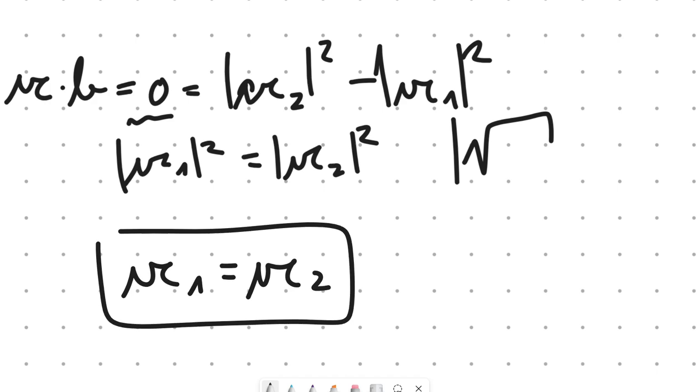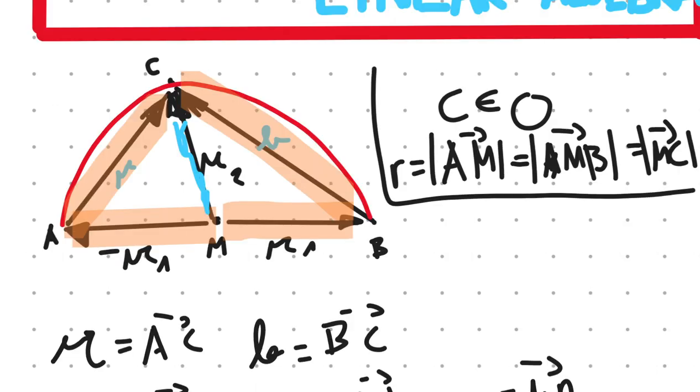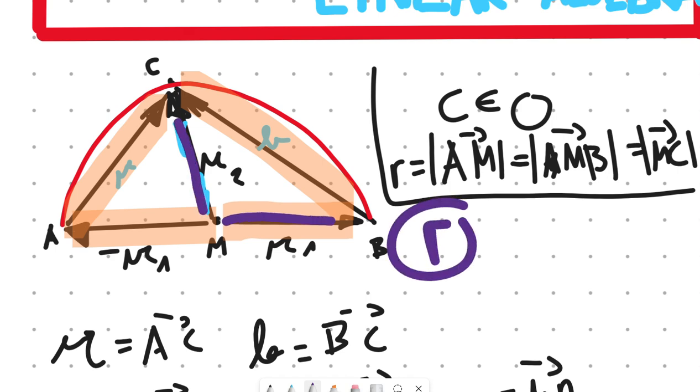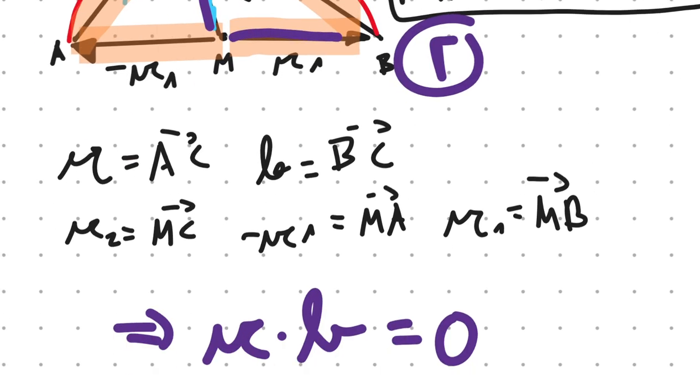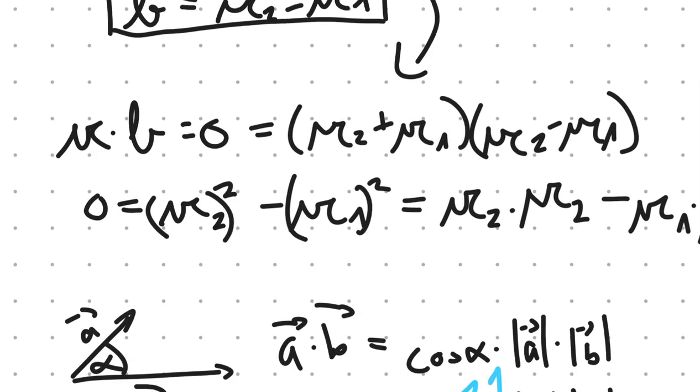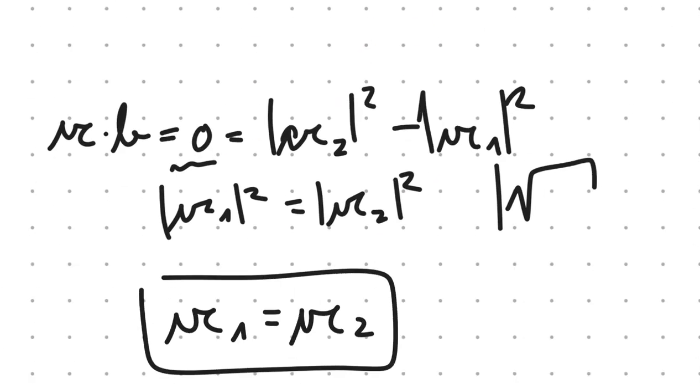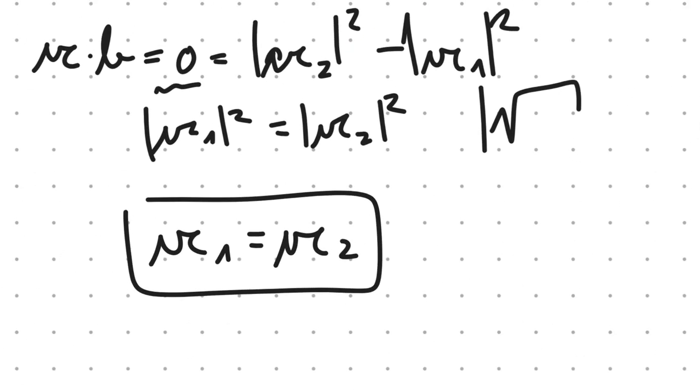Now, if we look at the triangle, we see that the lengths of u1 and u2 are the radius of the circle. If they are not the same, it would not be a radius. So u1 and u2 should be the same.